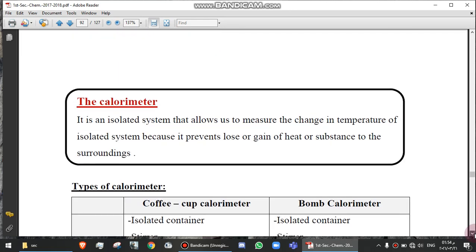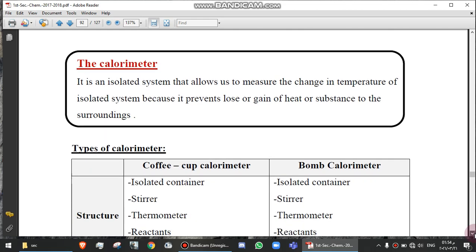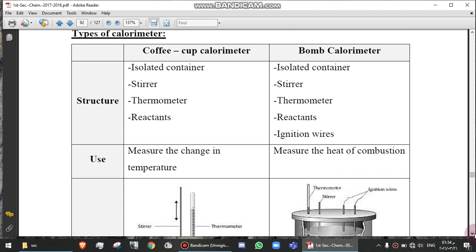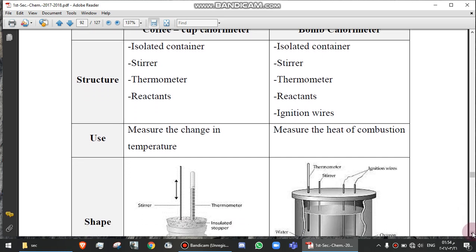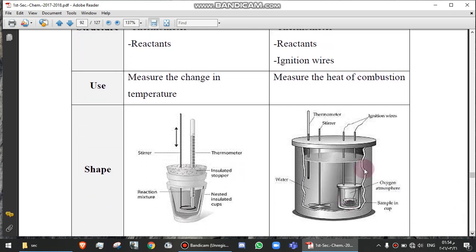Now, the devices used in measuring the quantity of heat are the calorimeter or the bomb calorimeter. The structure of both is the same, but the bomb calorimeter has an ignition wire to make a spark for the combustion reaction. Okay? So the bomb calorimeter is used in combustion reactions. Both of them contain an isolated container, thermometer, and stirrer.